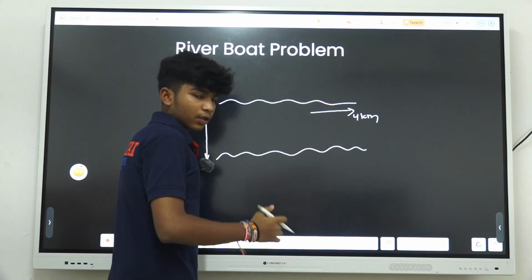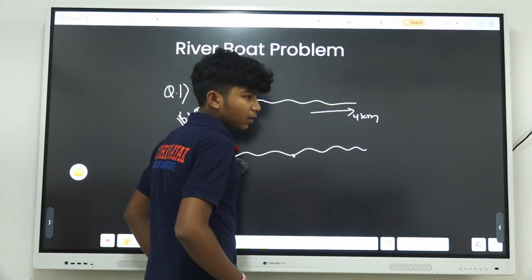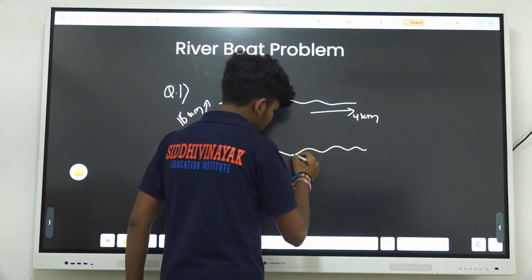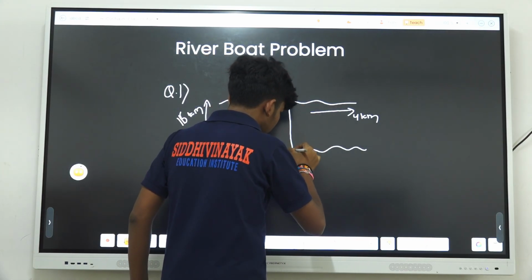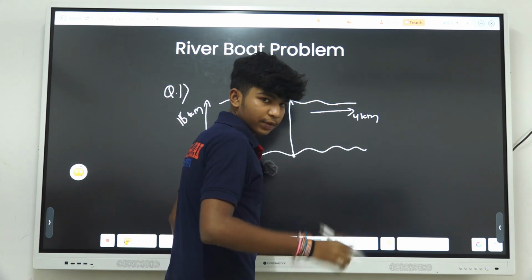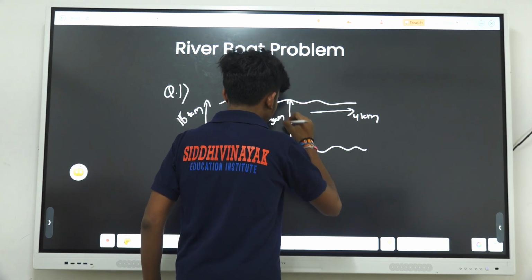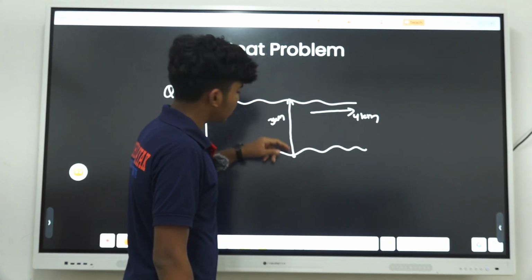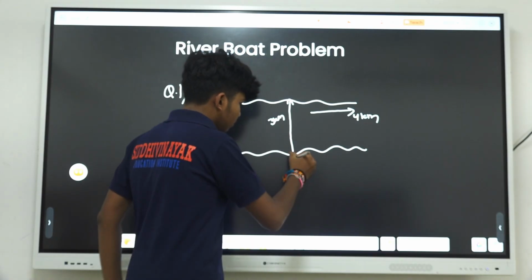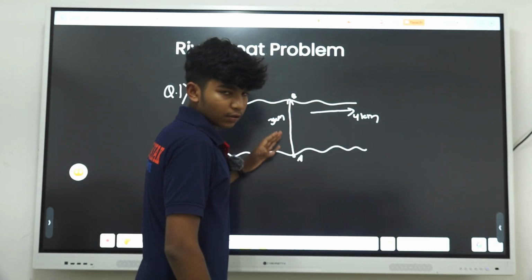And here we have a person on one bank, and he has to swim to the other bank with a speed of 3 kilometers per hour. So the person has to swim from point A to point B with a speed of 3 kilometers per hour.